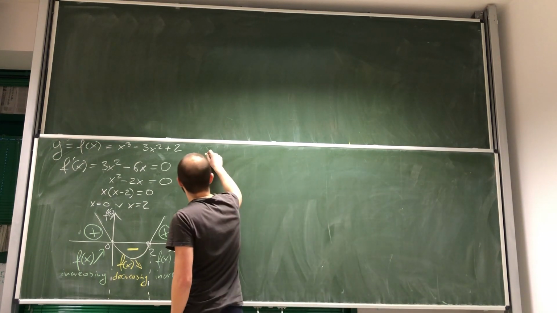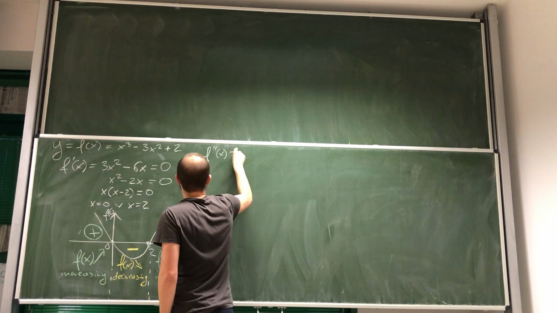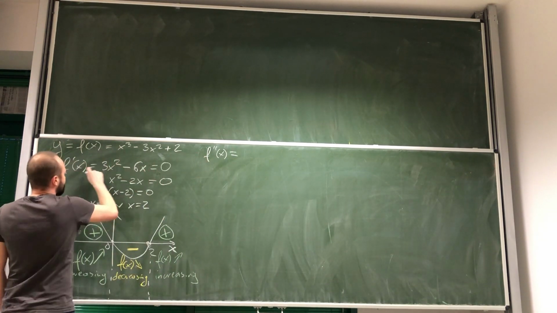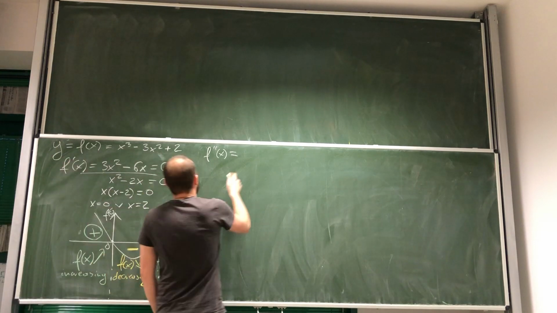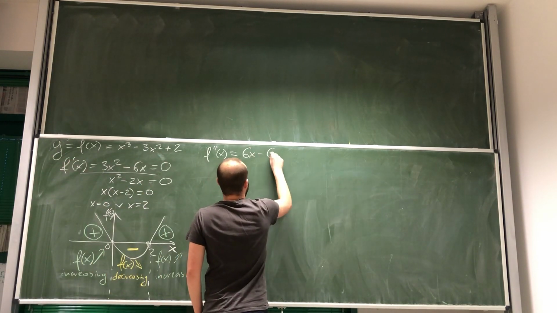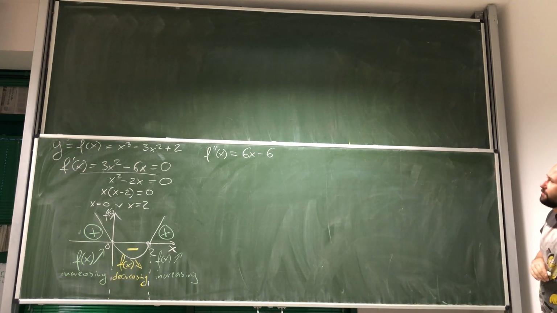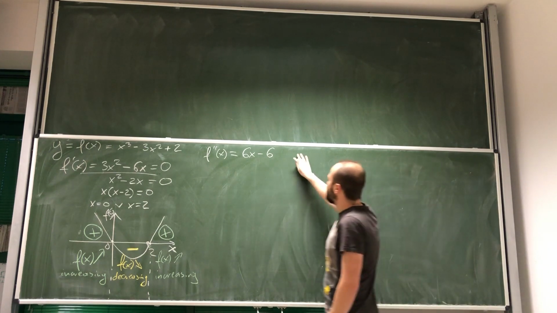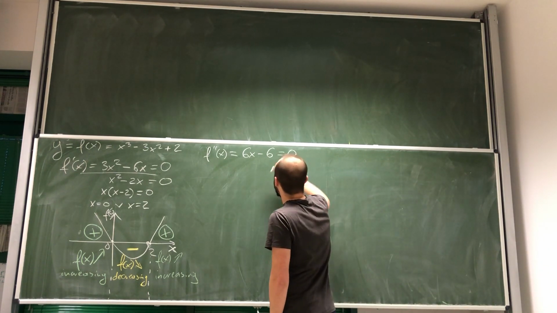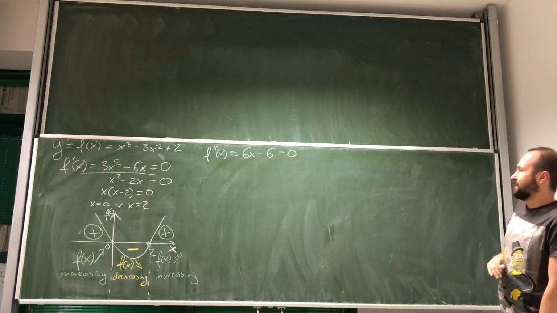Okay, so look, now I'm going to calculate the second derivative. So what I am going to do now is simply calculate the derivative of the first derivative. And look, I'm getting that this is 6x minus 6. Look, this is a simple linear function. Again, what interests me in this case is at which point it cuts through the x-axis, right?